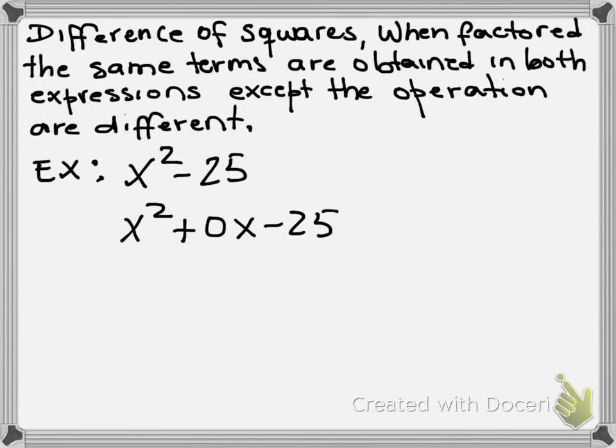Now, all we have to do is factor like we've been doing, except that we need parentheses. And notice that, ladies and gentlemen, since our sign is plus and minus here, we know for a fact inside the parentheses we're going to have a plus and minus. So we don't have to worry about anything really. And we end up with x plus 5, x minus 5. That's it. That is a difference of squares factored, because now you get the same terms with different signs.